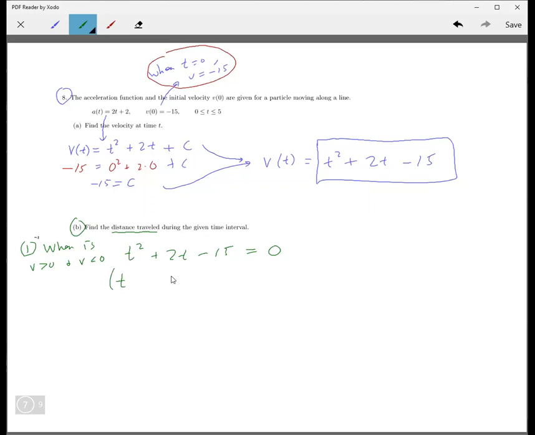And so this factors into 5 and 3. So plus 5 and minus 3. So the places where the velocity is 0 are at -5 and at 3.